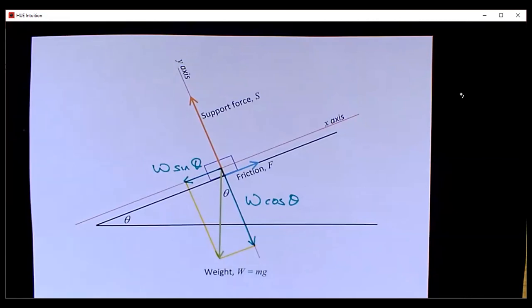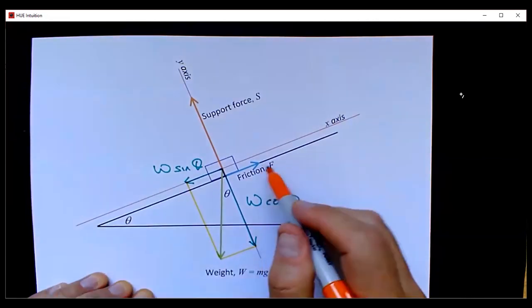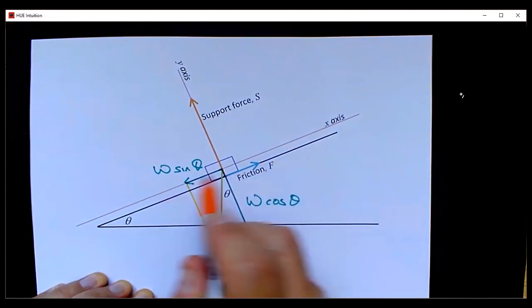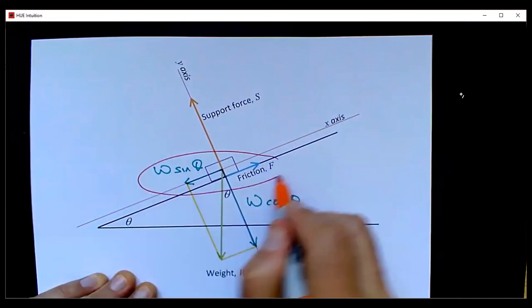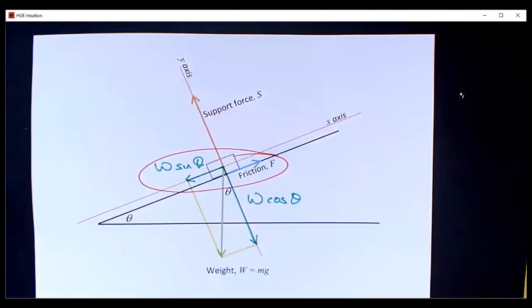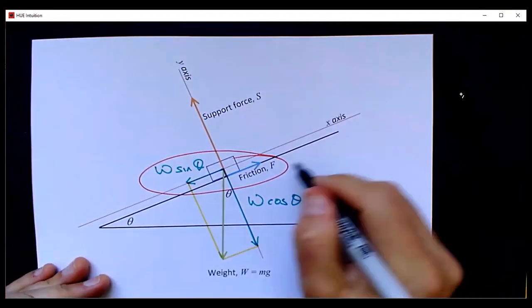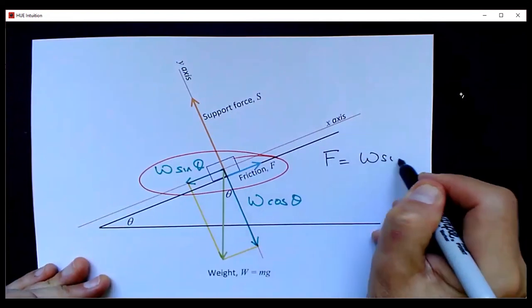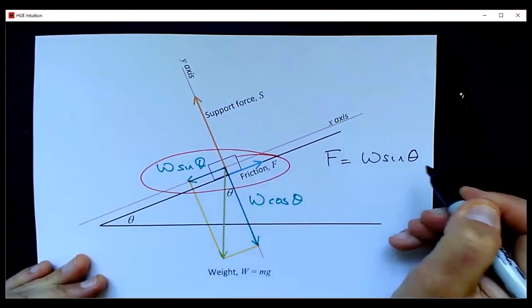And so what we will simply do is this. We will notice that the forces going up the slope must equal the forces going down the slope. There we go. They must be the same. So let's write that down. We can write that the friction must equal W sine theta.